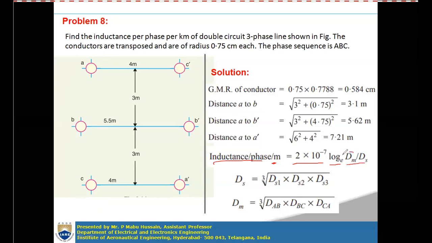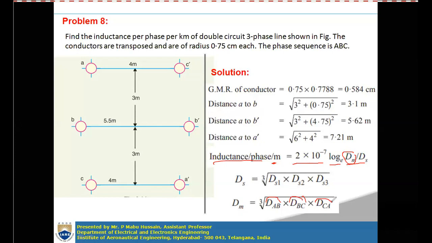Here Dm is the mutual GMD, which is equal to the cube root of DAB, DBC, DCA. DAB is the mutual GMD when you consider phases A and B. DBC is the mutual GMD when you consider phases B and C. DCA is the mutual GMD when you consider phases C and A.